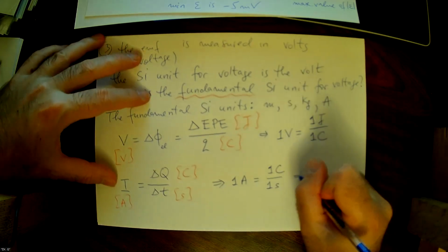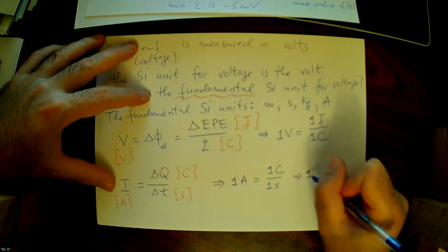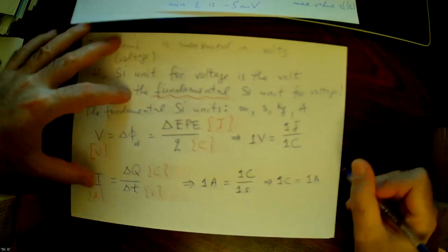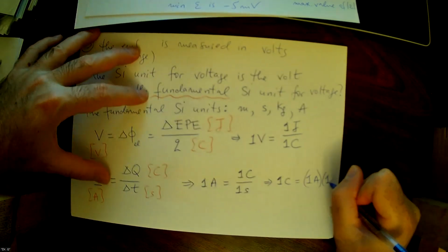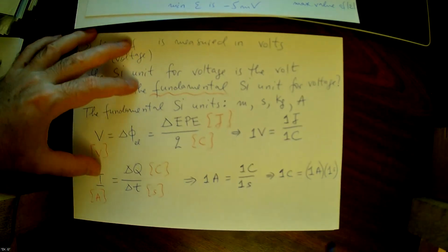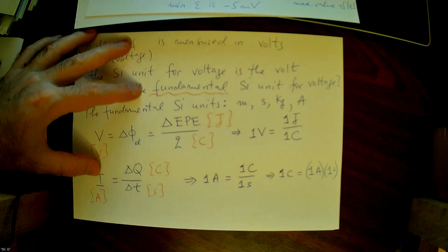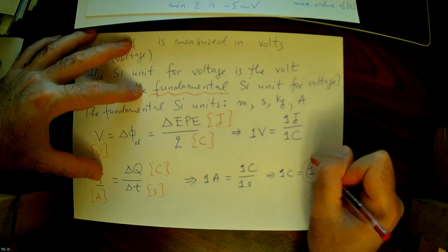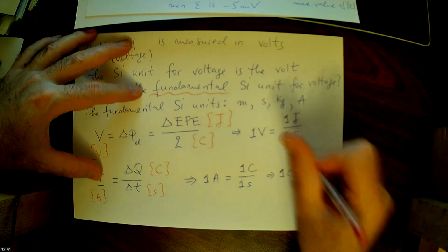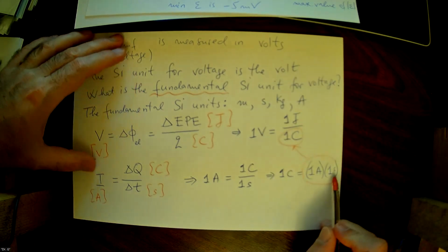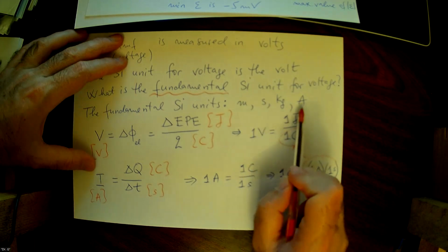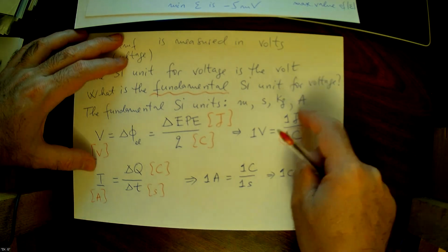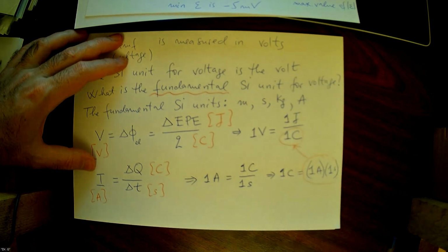Which means that 1 coulomb is 1 amp times 1 second. And we could substitute these fundamental units in here. Both the amp and the second are fundamental SI units. Now, what do we do about the joule?